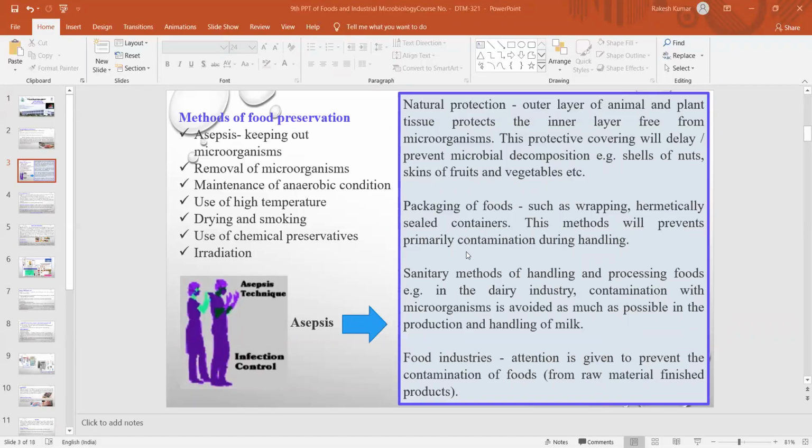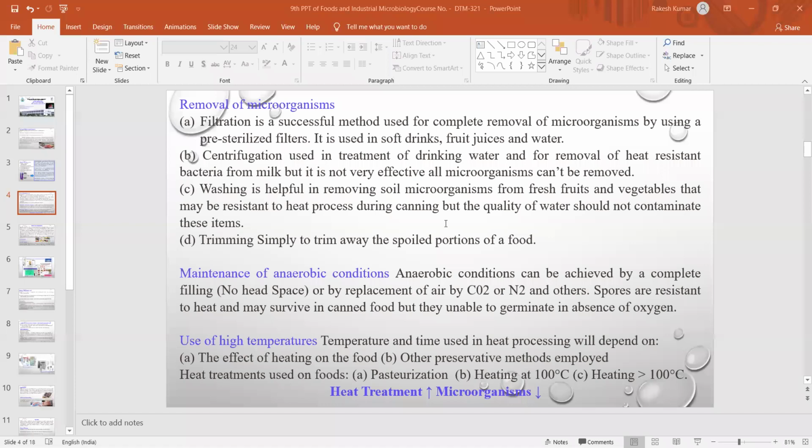Contamination with microorganisms should be avoided as much as possible in the production and handling of milk. Thereafter, what is the role of the food industry? Attention is given to prevent contamination of food from raw material to finished product. These things are very important when you want to increase the shelf life of any food item, and it is our main motto for using different kinds of preservation techniques.